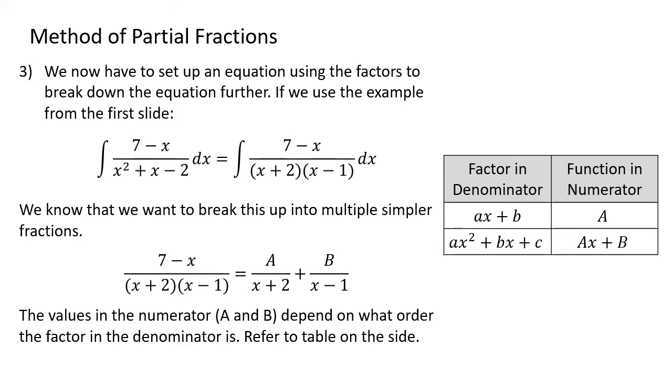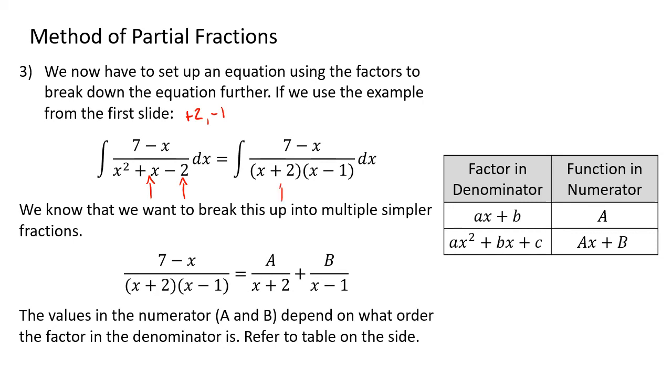So let's move to step number 3. So I'm starting with the exact same integral that I had on the very first slide of this lesson: 7 minus x divided by x squared plus x minus 2. So I know using factoring, okay, the numbers that multiply to negative 2 and add up to positive 1 are plus 2 and minus 1.